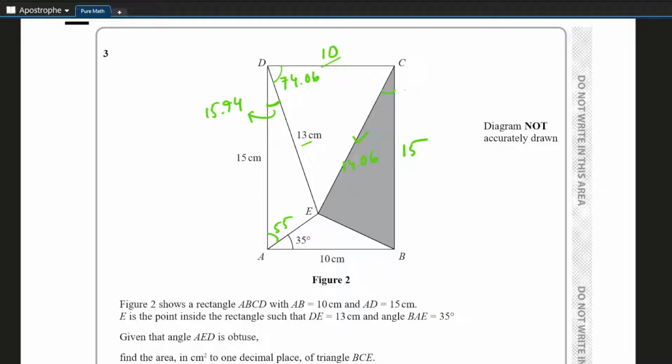For this angle, we could use the cosine rule or the sine rule. Since we have one angle and all three sides, we could use both. I'm using the sine rule to make it simple. So sine 74.06 over 14.06 is equal to sine C over 13.